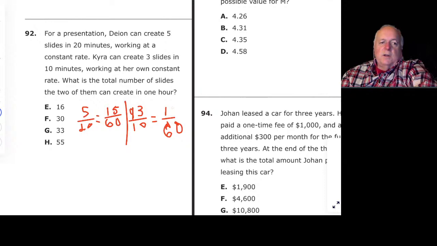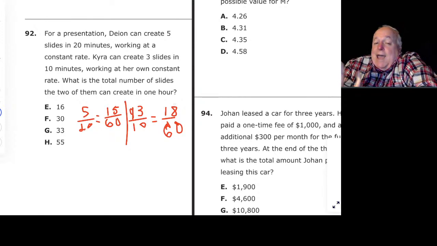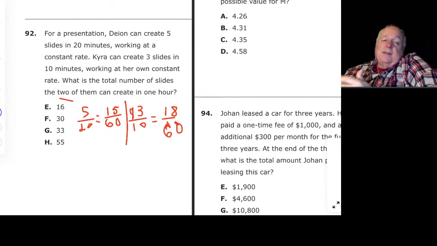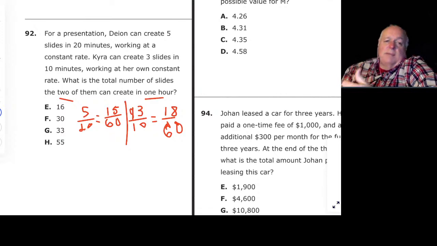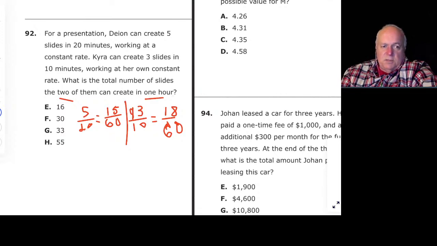And then it asks, what is the total number of slides the 2 of them can create in an hour? Since I already converted to 60ths, and again, I didn't have to have done that. If I did that and that wasn't the question, I would definitely have been wasting time. So I only did this for exposition purposes, and it turned out that that's what they're asking, okay?